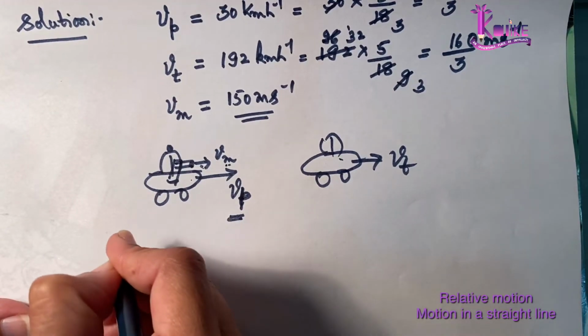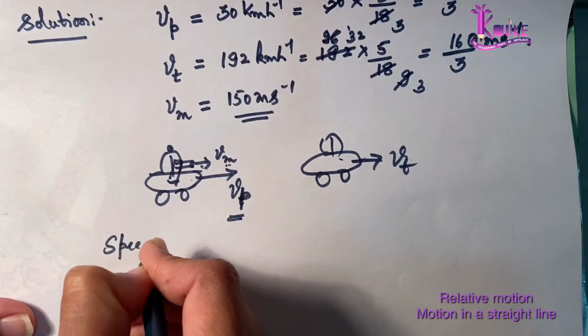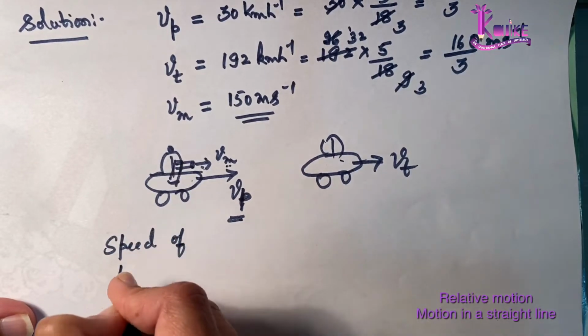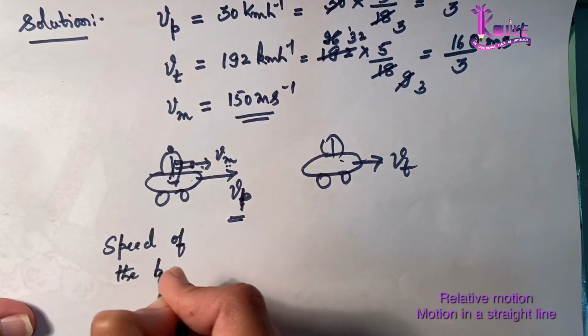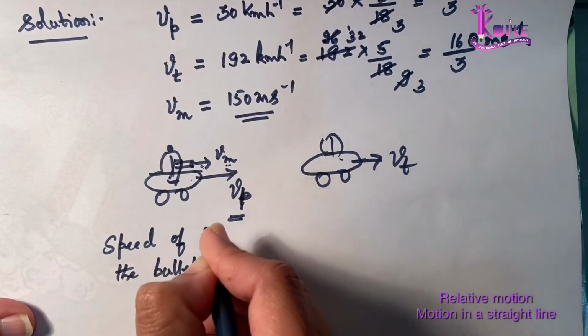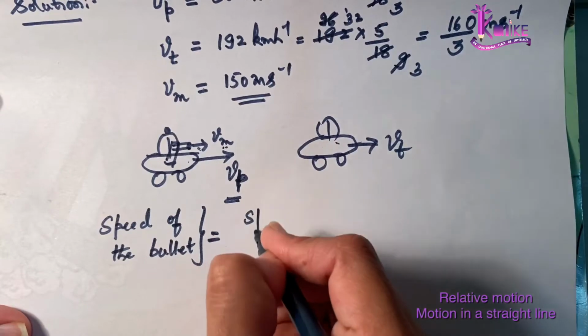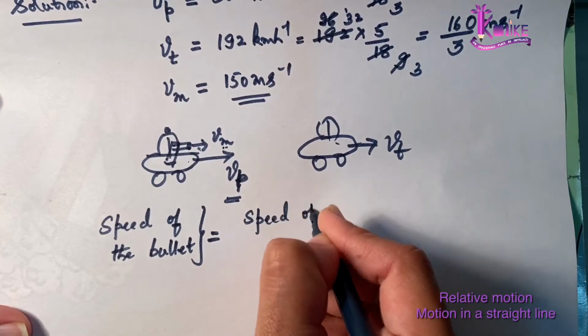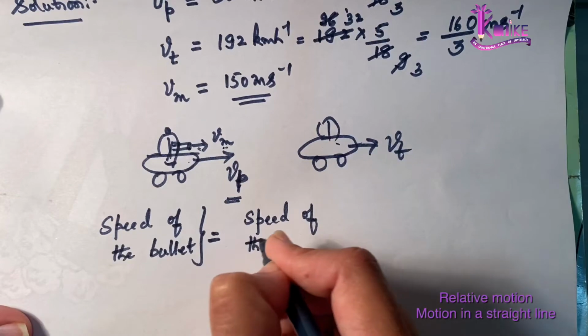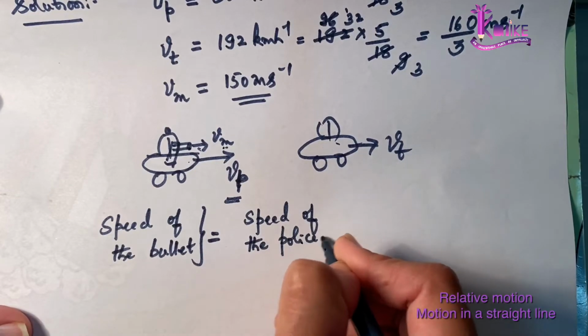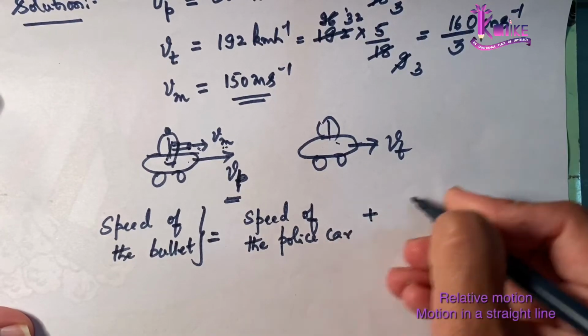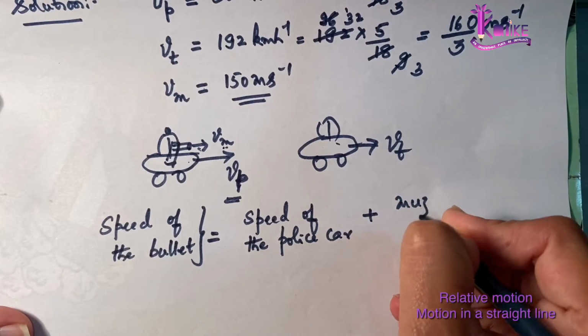So what is the speed of the bullet? Speed of the bullet should be equal to speed of the police car plus the muzzle speed of the bullet.